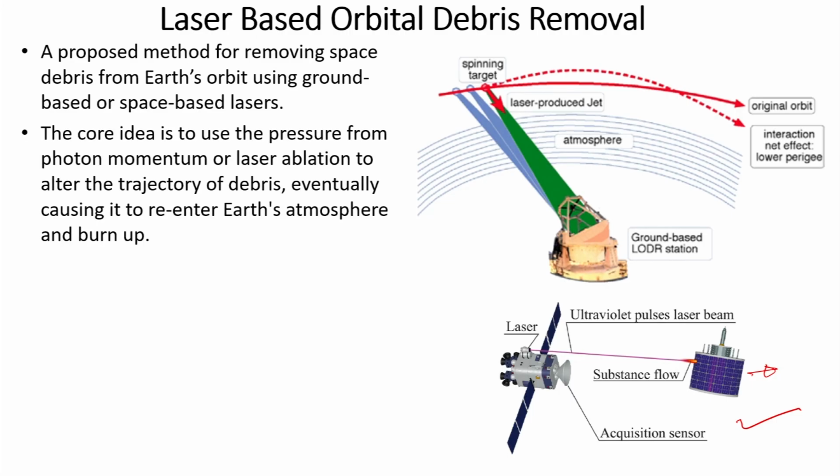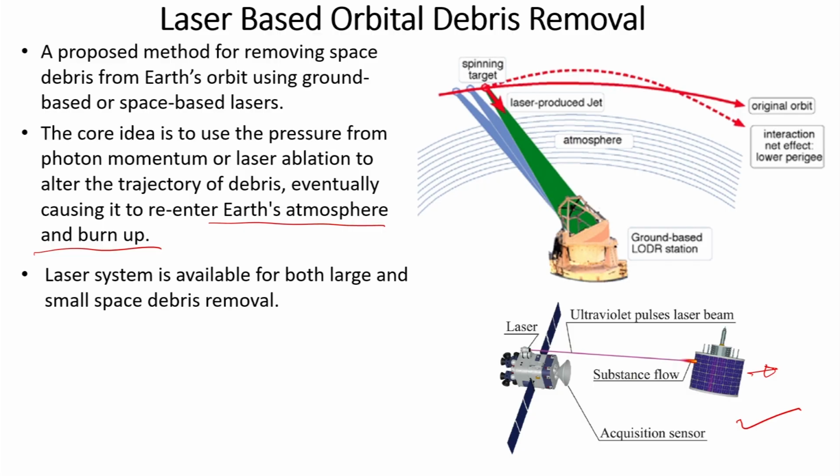So, what is the core idea? It is to use the pressure from the photon momentum or laser ablation to alter the trajectory of debris, eventually causing it to re-enter the Earth's atmosphere and burn up. So, this is the final goal, and the laser system used for this is available for both large and small piece of debris removal.